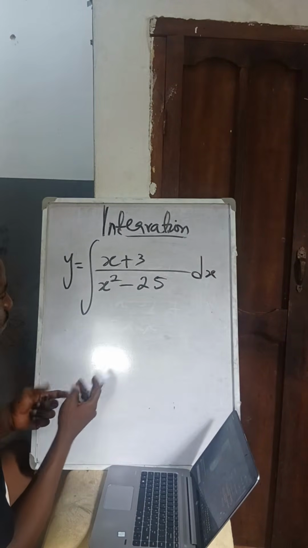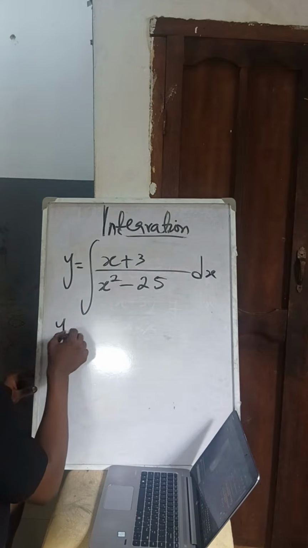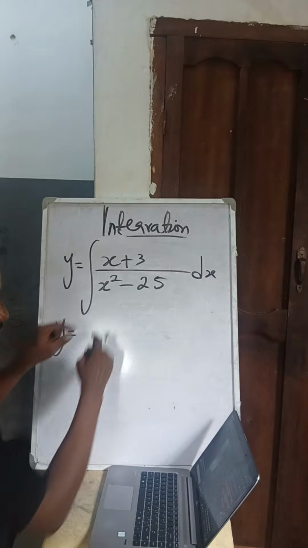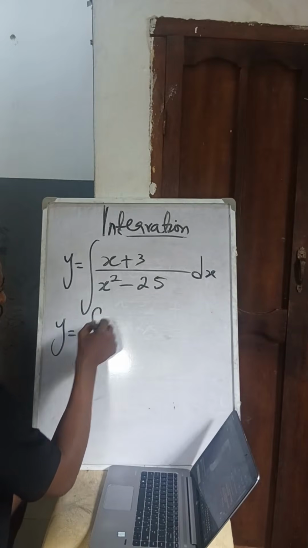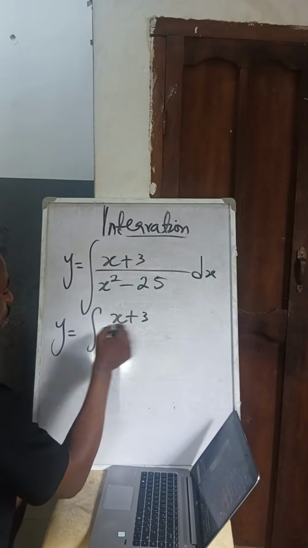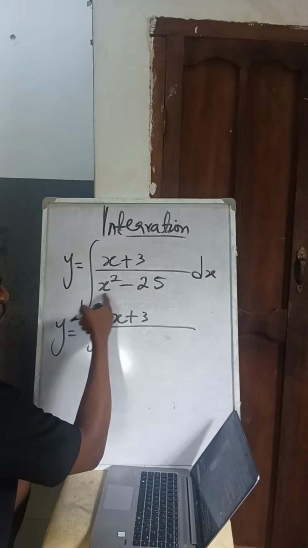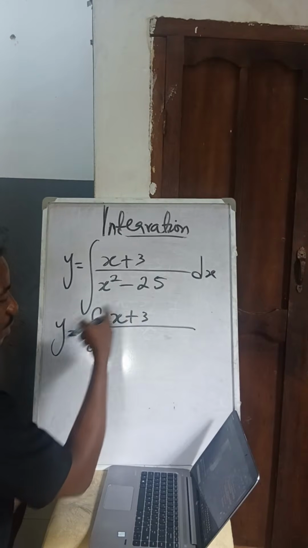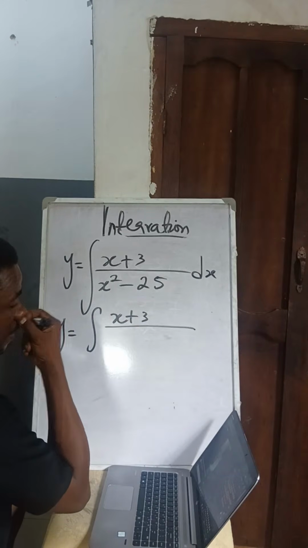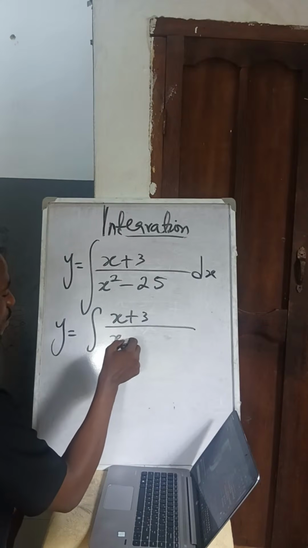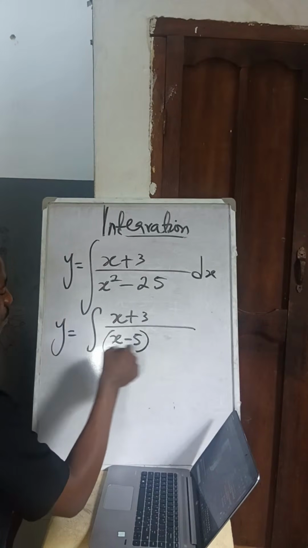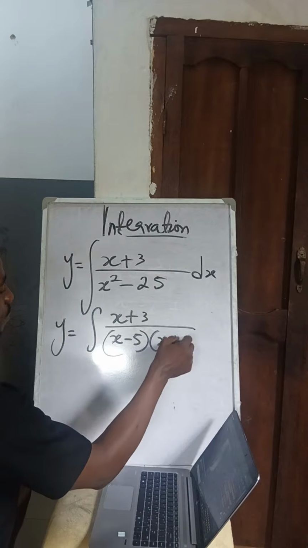So how do we solve this? We solve it by first factorizing the denominator. Here we have a difference of two squares, because the square root of 25 is 5. So we have (x minus 5)(x plus 5).